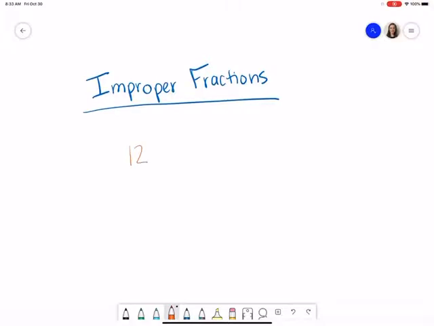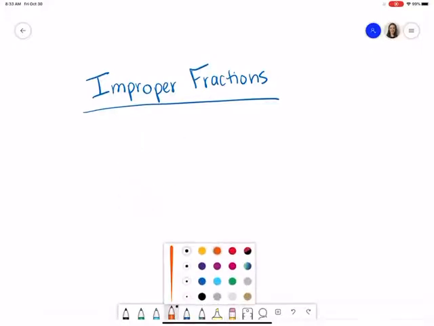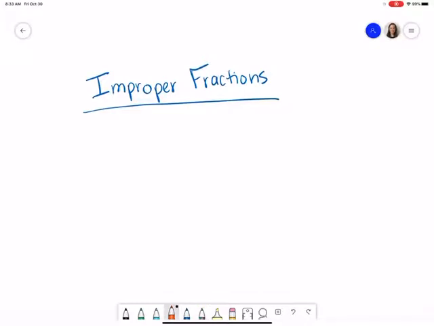We have 10 eighths. Okay? 10 eighths. We want to put this improper fraction into a proper fraction.